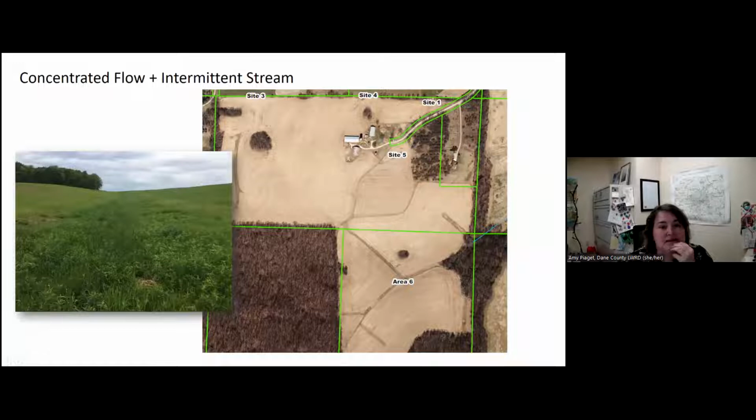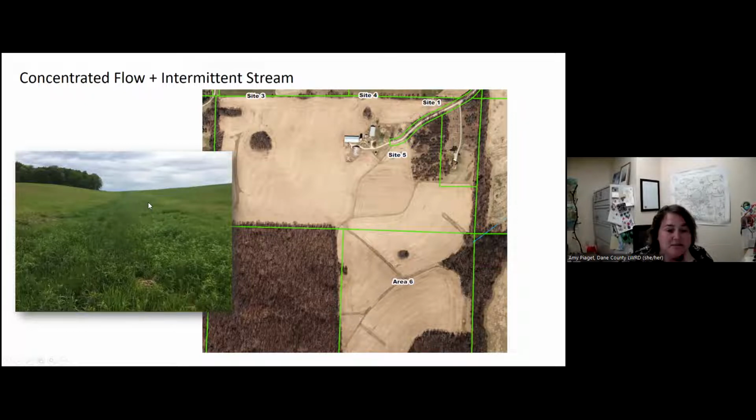So another example, this one would be more of a concentrated flow channel with an intermittent stream. In this case, there was sediment erosion happening, and it was being discharged down at the bottom of the field. And the bottom of the field is also an intermittent stream. So all of these channels through here that you see are concentrated flow that have been stabilized with basically a grass waterway.